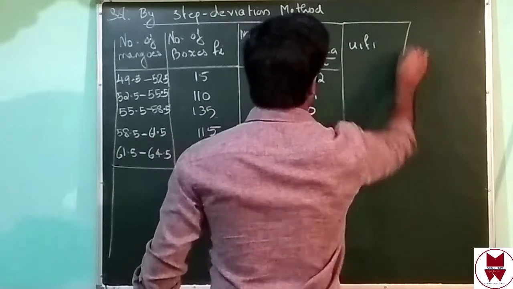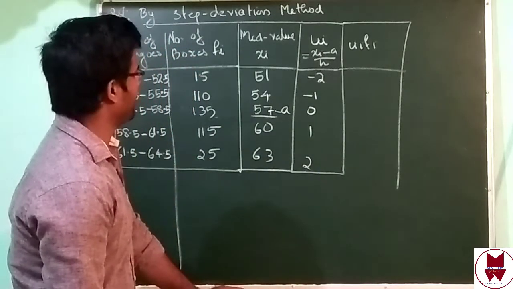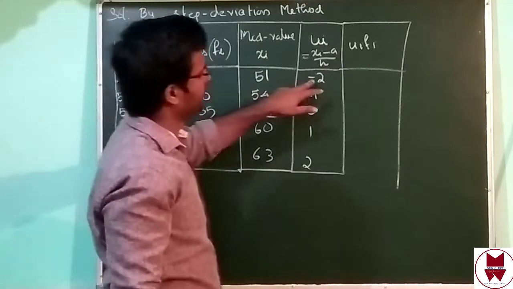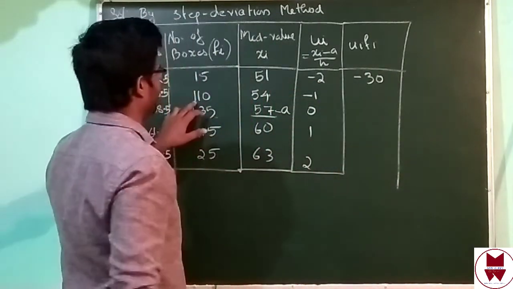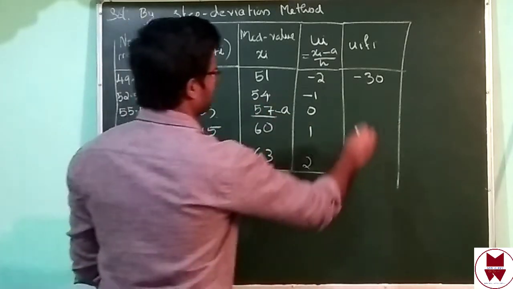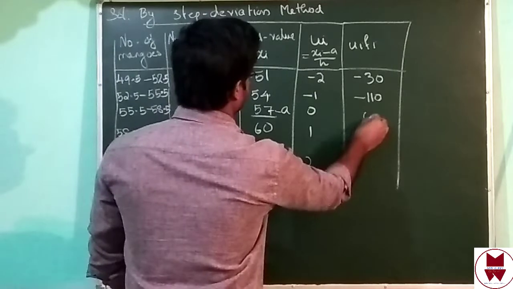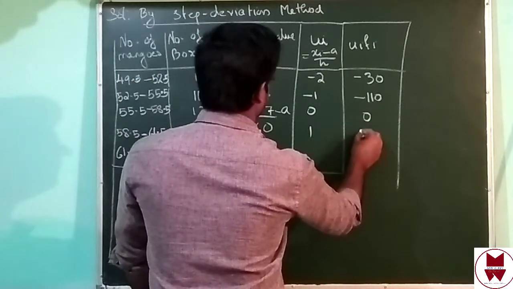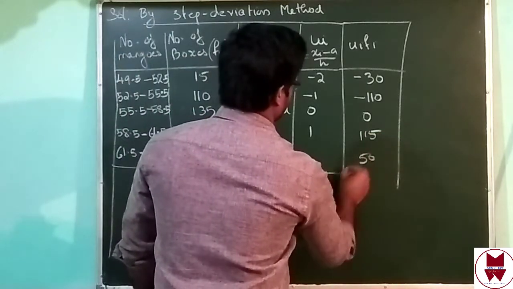Next column, ui fi. Multiply ui and fi. fi means 15 into minus 2, minus 30. 110 into minus 1, minus 110. 135 into 0, 0. 115 into 1, 115. 25 into 2, 50.